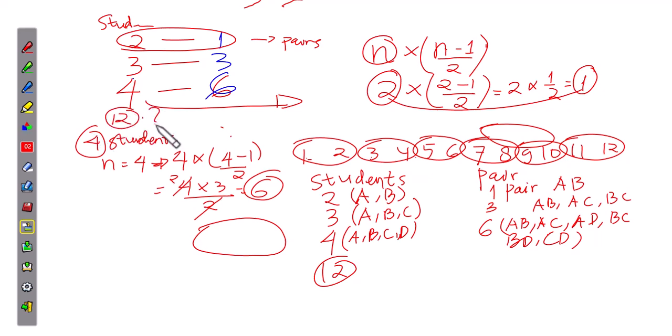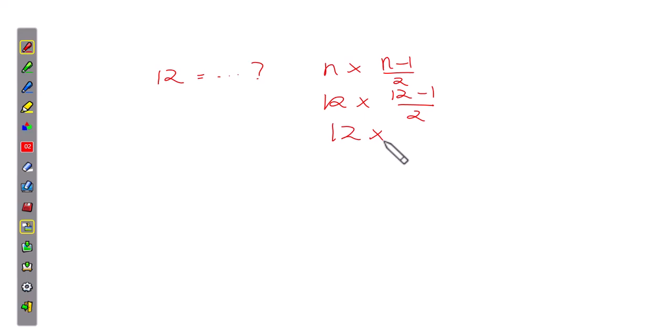It means we just need to make 12 as n. The formula is n times n minus 1 divided by 2. So 12 times 12 minus 1 divided by 2. We have 12 times 11 over 2.